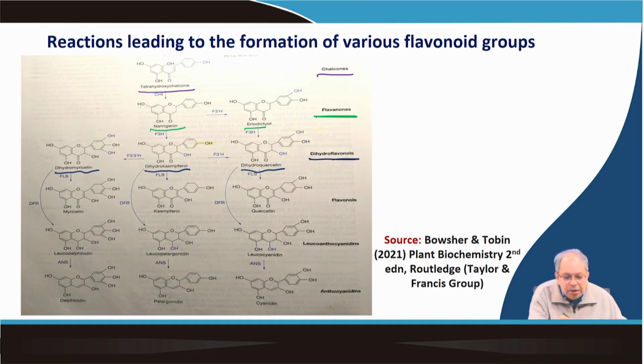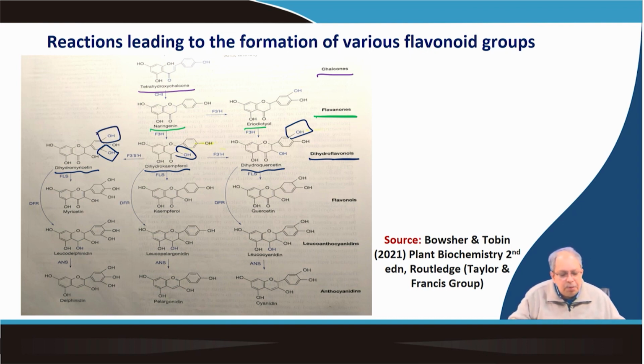As you see here, an OH is added at the 3 position, and then this can be converted into dihydroquercetin by F3 prime H. That means another OH is added here, or by F3 prime 5 prime H, one OH is added here and another OH is added here.